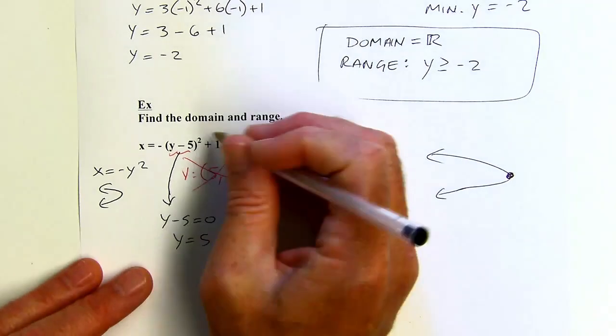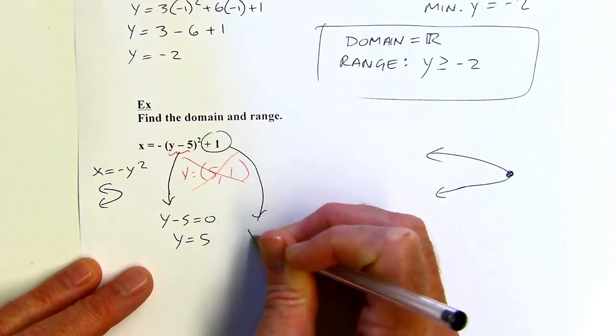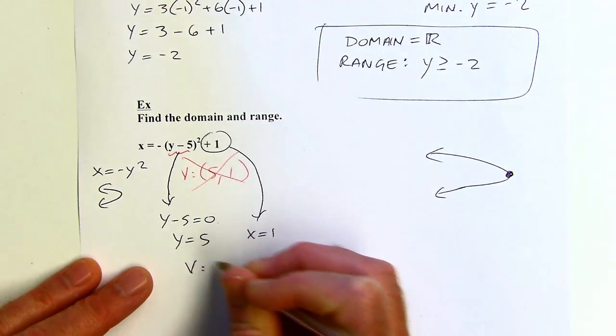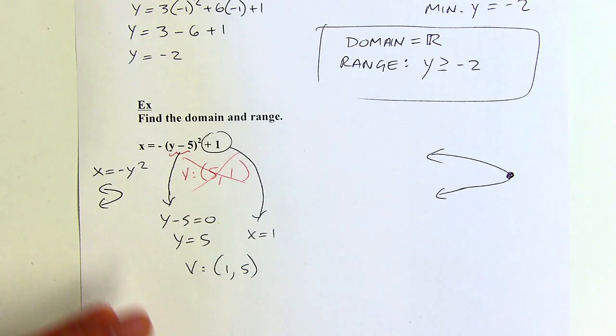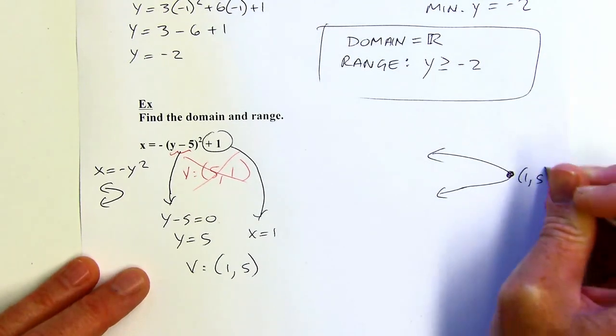Okay? And then that means that this must be the x coordinate. So the vertex is going to be 1, 5, not 5, 1. Okay? So I'll put that into my little picture here.